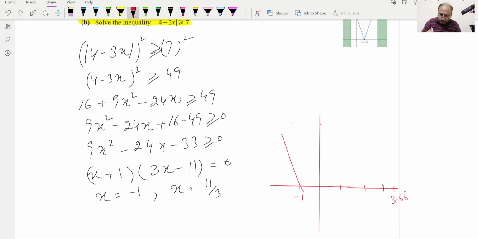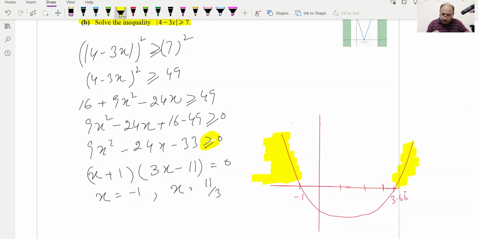This will be opening upward because it has a positive coefficient of x squared, and we basically need the y value to be greater than 0. So for y greater than 0, we can take this portion, which is y greater than 0, and this portion.